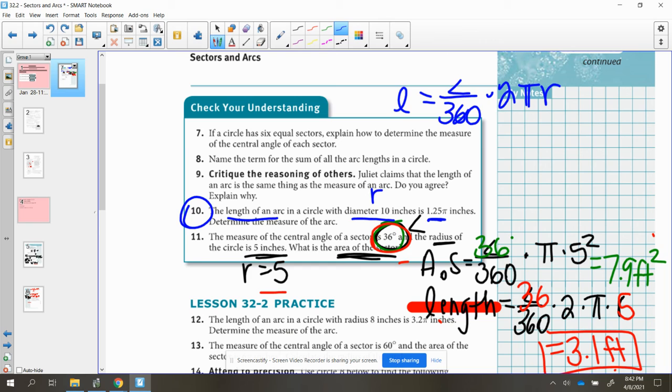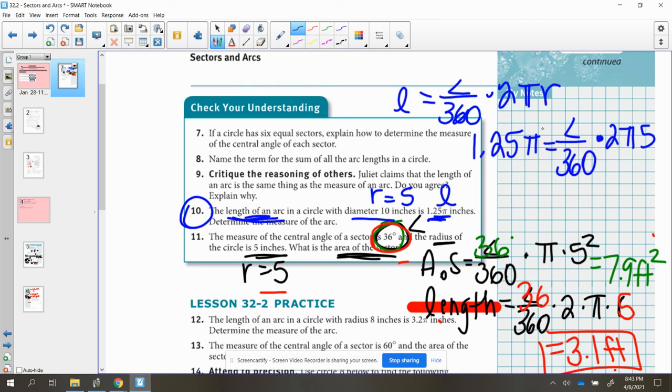Well, if the diameter is 10, the radius is 5, and again, they gave us the length of the arc this time. They're telling us what this is. So if we start plugging this in, we have 1.25 pi, and we know that that's going to equal that angle measure over 360, and then times 2 pi r, which we said is 5.